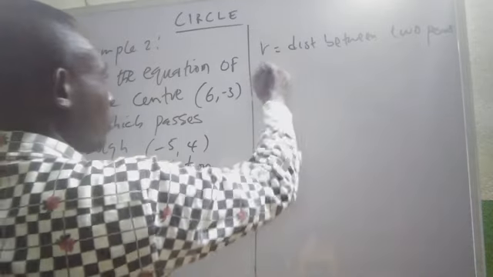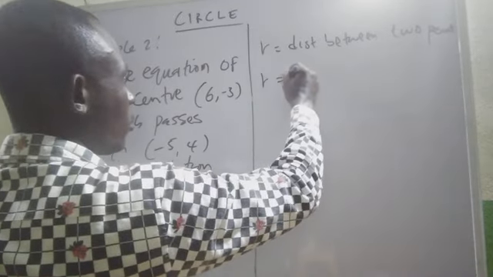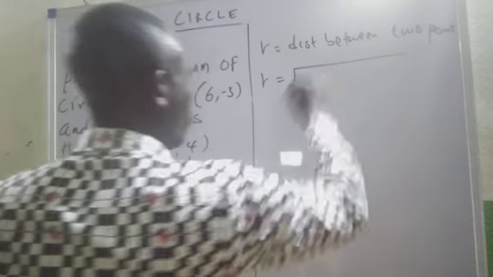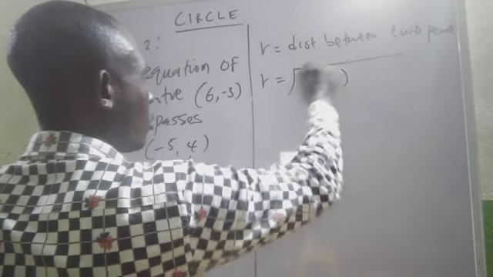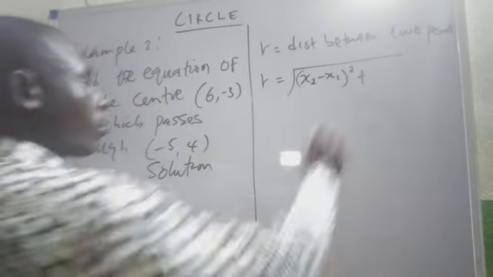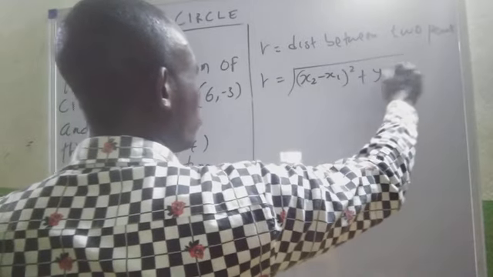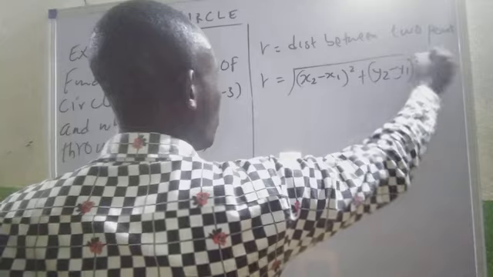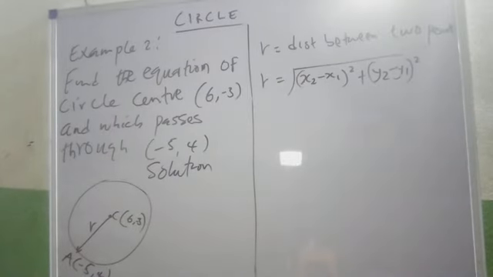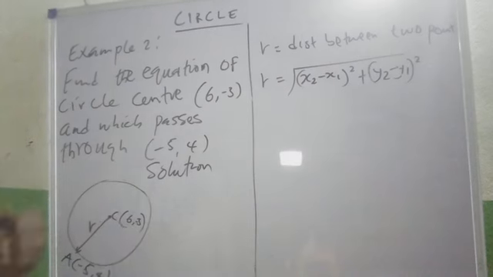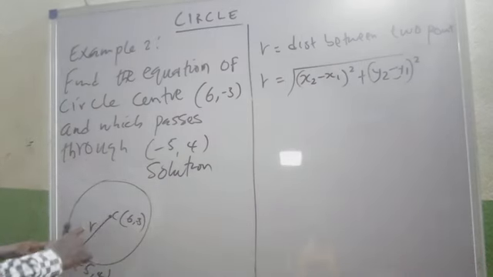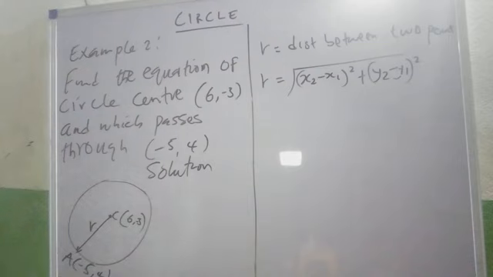So the radius r will be the square root of (s2 minus s1) all squared plus (y2 minus y1) all squared. That is called the distance between 2 points under coordinate geometry. This distance, this is AC, the radius, the distance between 2 points. So we solve for the values.